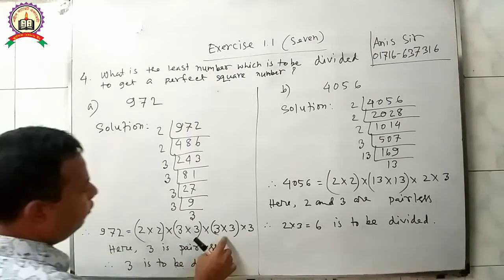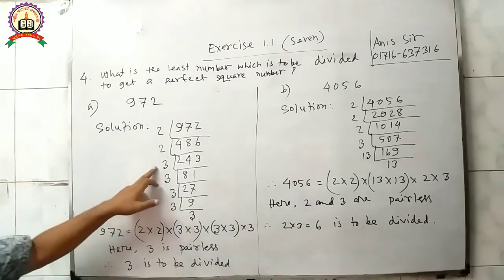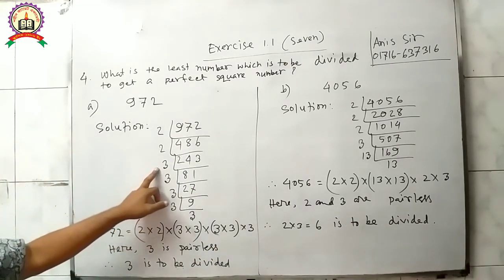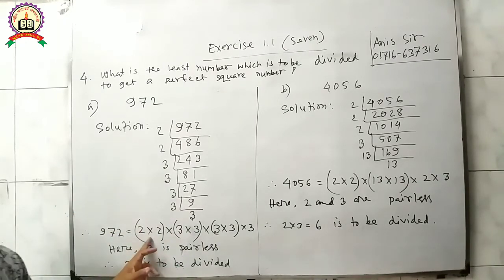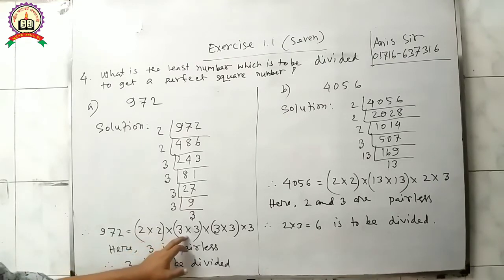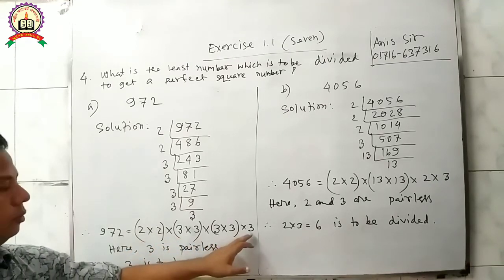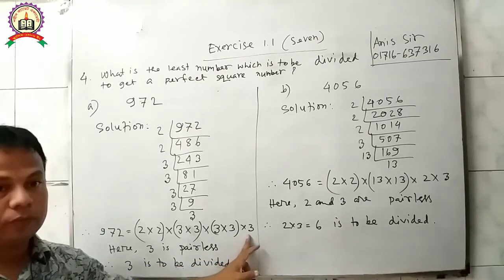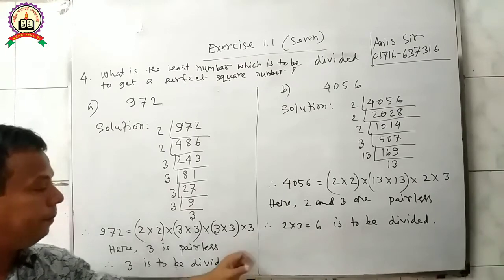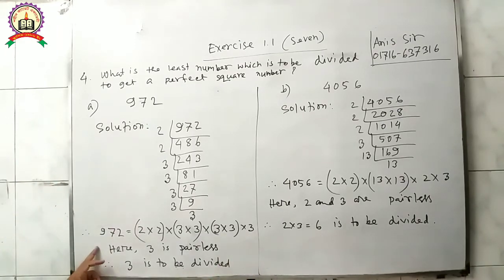That means 3 appears 5 times. If we form pairs, we get the first pair, second pair, and one 3 without a pair. So here 3 is pairless. So 3 is to be divided.